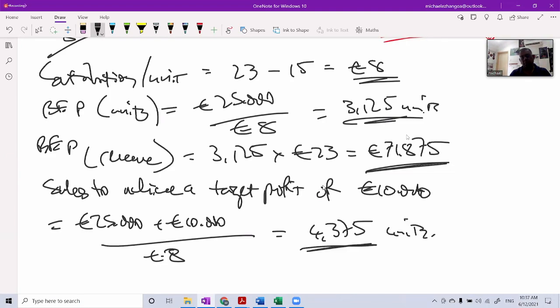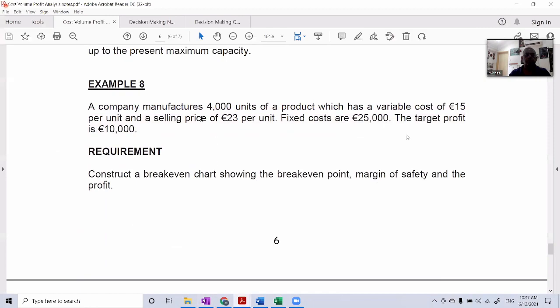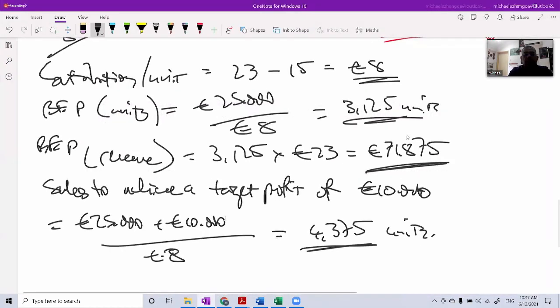Well, this is interesting because you're only manufacturing 4,000 units of the product. So if you want to get a profit of 10,000, you have to manufacture more than 4,000 units. All right. Okay. So now we do the graph here.